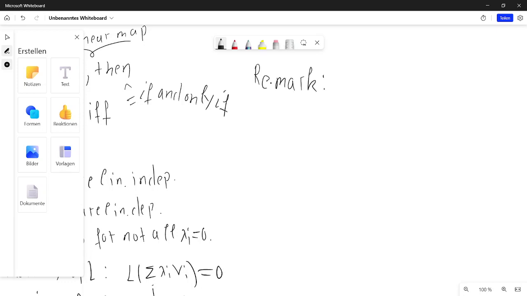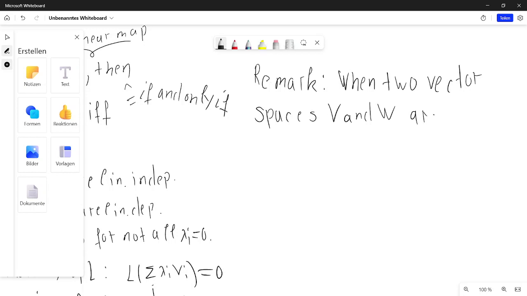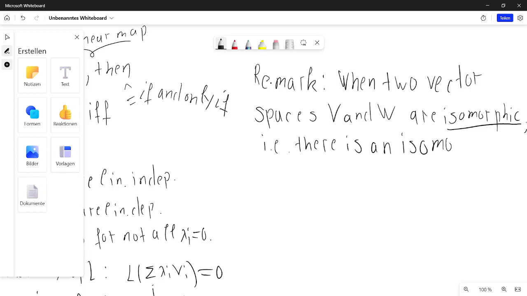Remark: when two vector spaces D and W are isomorphic, that is, there is an isomorphism, and an isomorphism was a bijective linear map, between them.